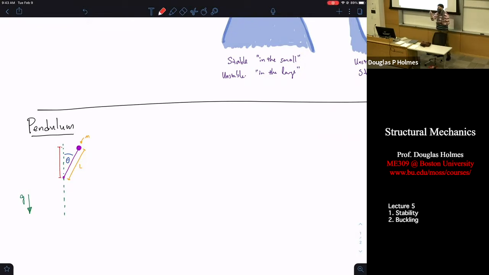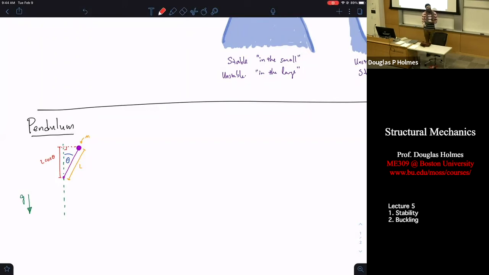Gravity's only acting on that vertical component. And so the potential energy of our system is going to depend on how much of my pendulum is being projected into that vertical component. Simple right triangle: this is the length of my pendulum times the cosine of theta.